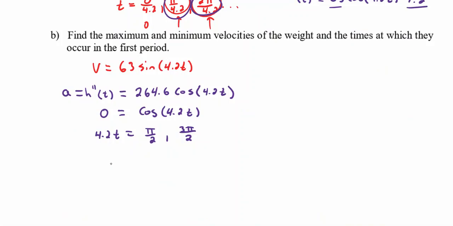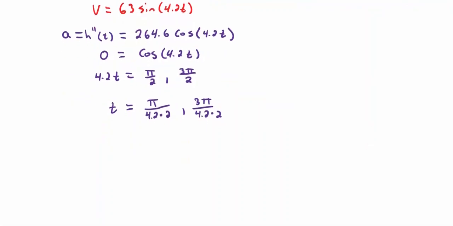So now we'll say t is equal to pi over 4.2 times 2. I'm just dividing everything by 4.2. And then 3 pi over 4.2 times 2. Now I'll simplify that a bit. I'm going to multiply the bottom and the top by 10. That turns the 4.2 into 42, and the 10 and the 2 will turn into a 5.